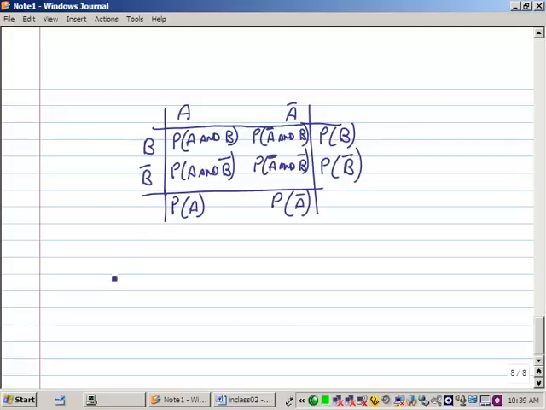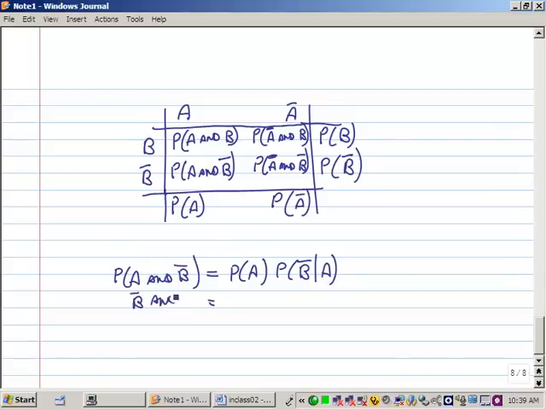By the way, notice that with these complements, I can say that the probability of A and B bar, using the template of the multiplication rule, would be equal to, say, either the probability of A times the probability of the other event B bar given the first event A, or rearranging, B bar first and A second, which is the same thing, would be the probability of B bar times the probability of A conditioned on the first event B bar.